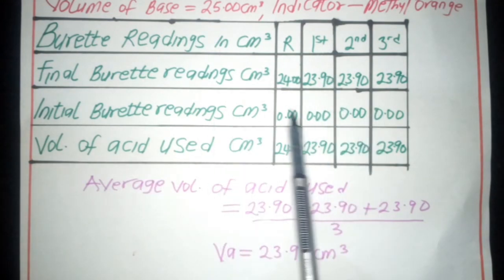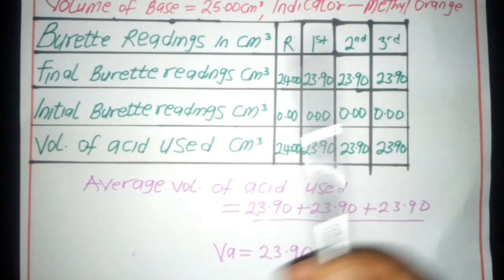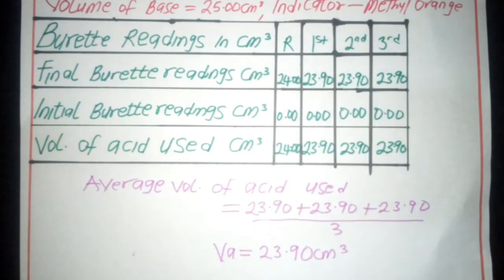So all these ones, just assume that you already know how to get all this. After you've gotten, maybe I've done 3 tests, then you can take 3 of them, divide by 3 to get your volume of acid. Remember, they are all 2 decimal places.